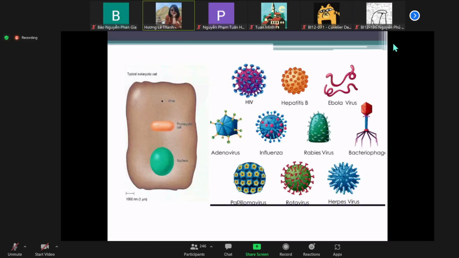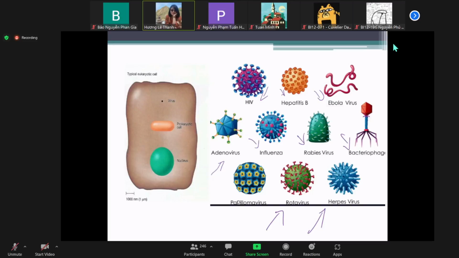We have HIV, hepatitis B, Ebola, adenovirus, influenza, rabies, bacteriophage virus, rotavirus, herpes virus. I think they are familiar to you, and these are quite famous viruses, right?